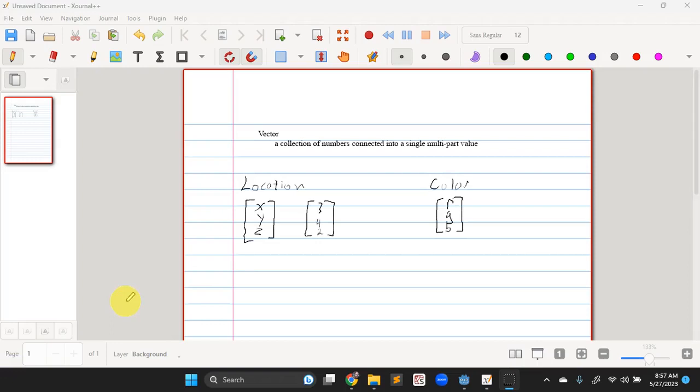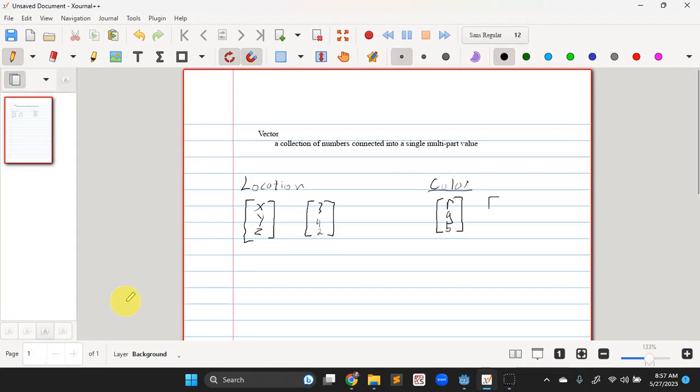So this would actually be 3 units to the right, 2 units forward, and 4 units up from the origin. And sorry about that little delay there. I realized I should probably turn the highlighter on the pen so it shows up better on the video. And then color space is also a vector. We have red, green, and blue dimensions making up color space.